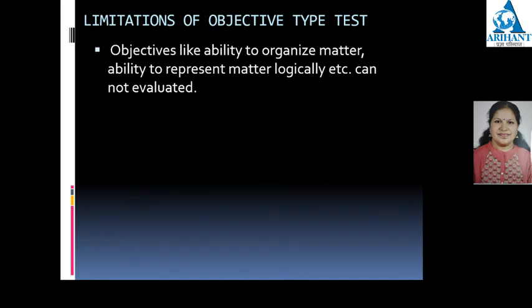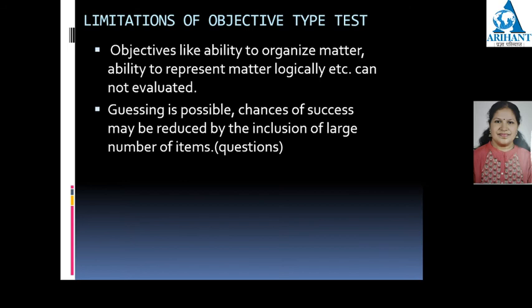Objectives like ability to organize matter, ability to represent matter logically, etc. cannot be evaluated. These abilities we can evaluate through essay type or descriptive answers only. This is a limitation of the objective type test. Guessing is possible. If students don't know the answer, they will guess, and their score may be reduced or may increase. Chances of success may be reduced by the inclusion of a large number of items.